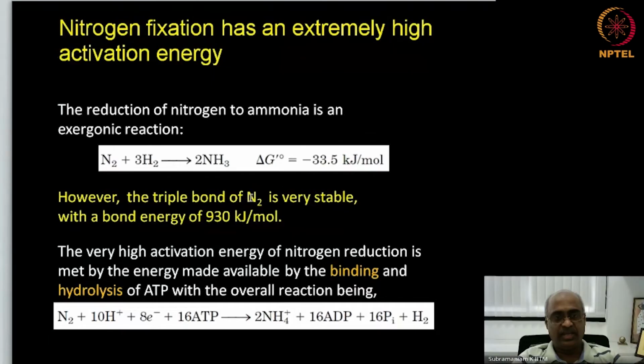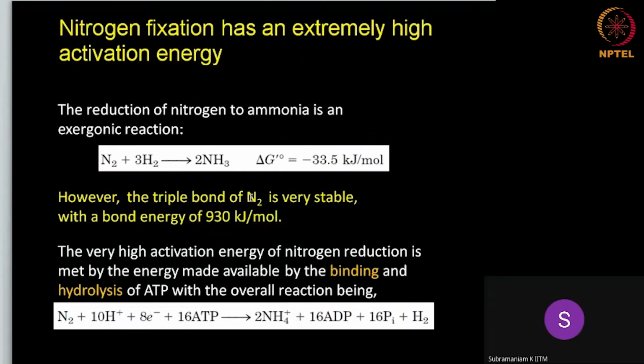That is because the triple bond is very stable, and to break that you need this kind of an energy. Okay, 930 kilojoules per mole is the bond energy of the triple bond between the two nitrogen atoms in the nitrogen molecule. And due to that, it doesn't readily happen.